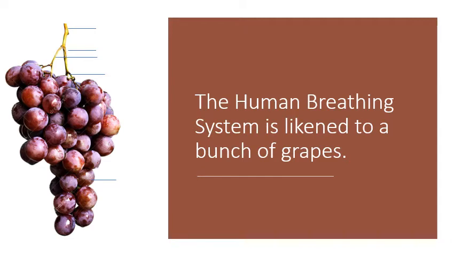The human breathing system is likened to a bunch of grapes, where the main stem is the trachea. The two large branching stems represent the bronchi, and the little stems, the bronchioles. The grapes themselves represent the alveoli.